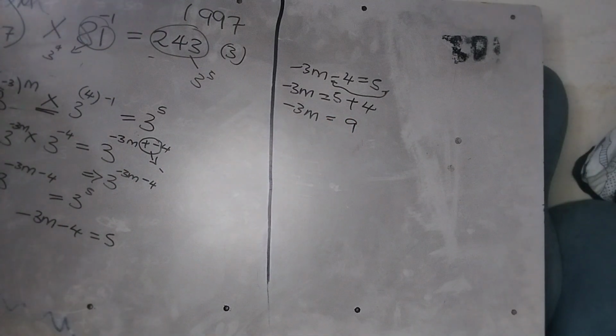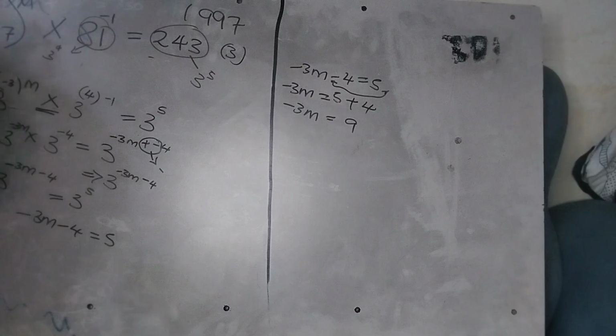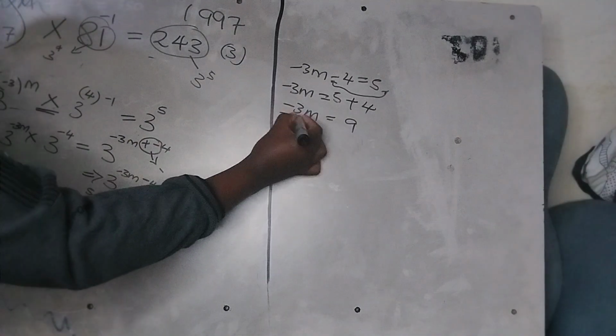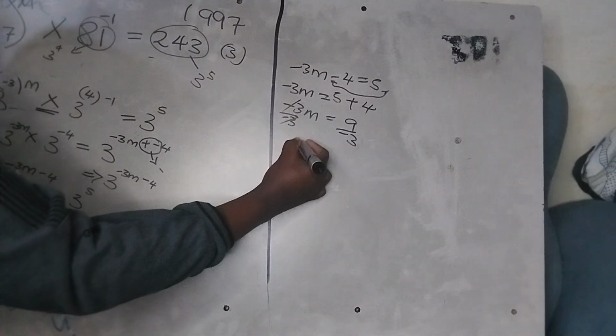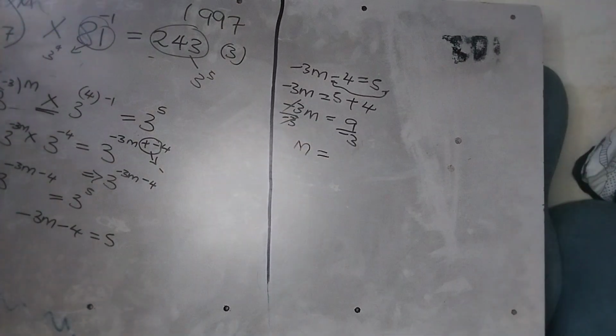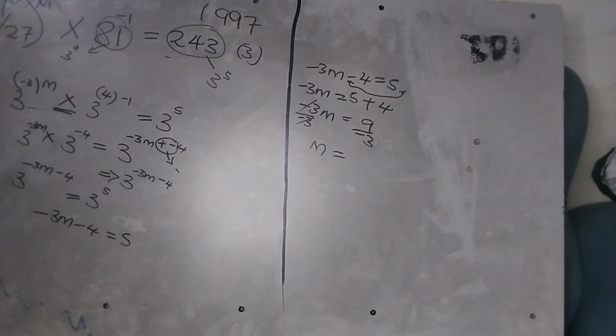Now we are finding the value of the unknown. To remain with our unknown, because it has a negative 3 behind it, we divide both sides by negative 3. M becomes what? Before you even ask yourself, which is the overall sign? What is the sign of 9?